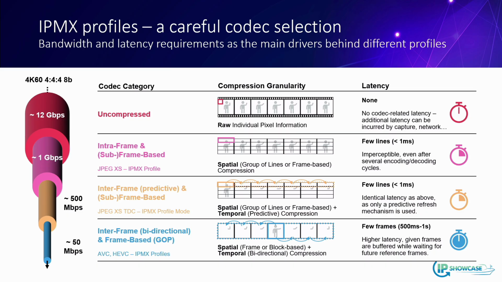Then you've got some interframe codec with a predictive mechanism, where you will use information from previous frames to determine what's the information of the frames that follow. So you can work on the frame basis, but also on a subframe basis there. And if you work on a subframe basis, you've gained a huge amount of quality because you can reuse information from previous frame without adding any latency, because you still be reusing data from the previous frame that you've stored.